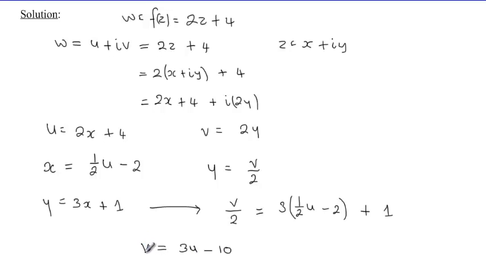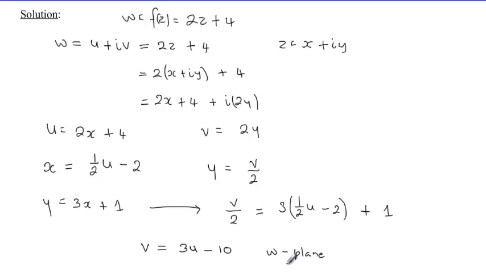Never mind that it is u; if you say y is equal to 3x minus 10, we know that this is the equation of a line. But now we read it this way because we are mapping this to the omega plane, where our x-axis is u and the y-axis is given by v. So that is on the omega plane.